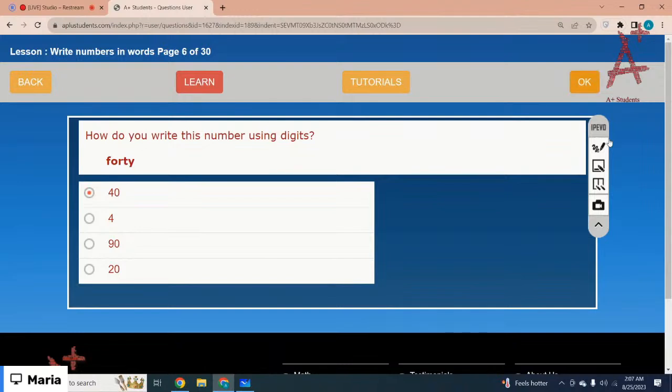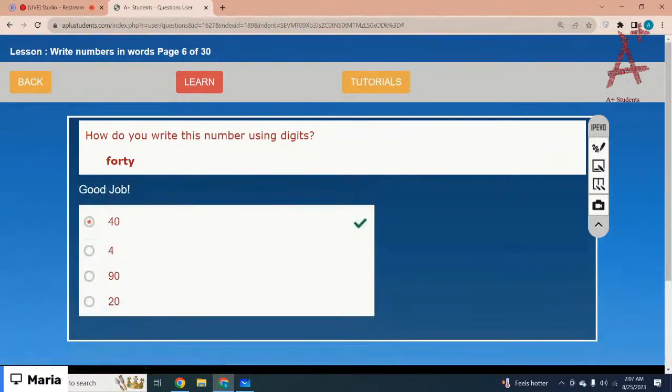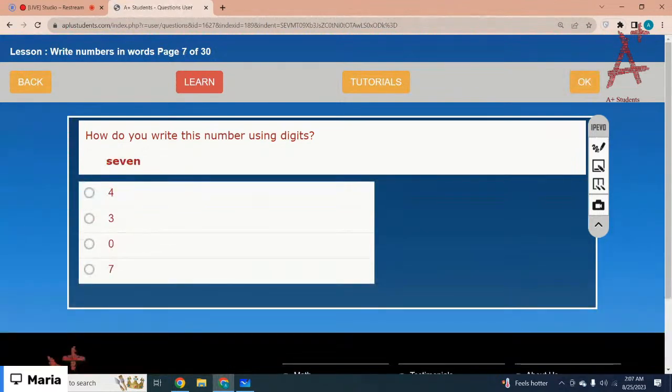That means you have 40. How do you write this number using digits? So how do you write 7? It would be the last option. This way you can write 7.